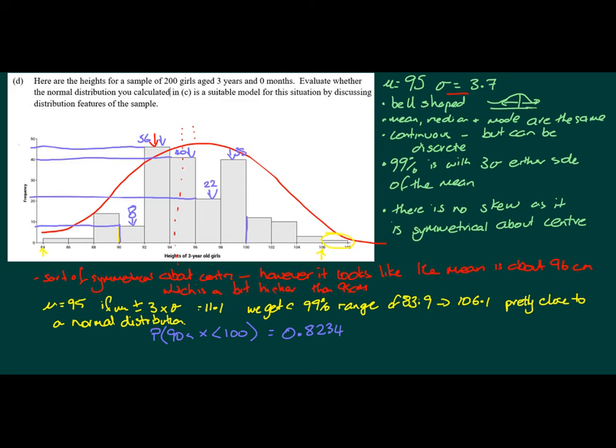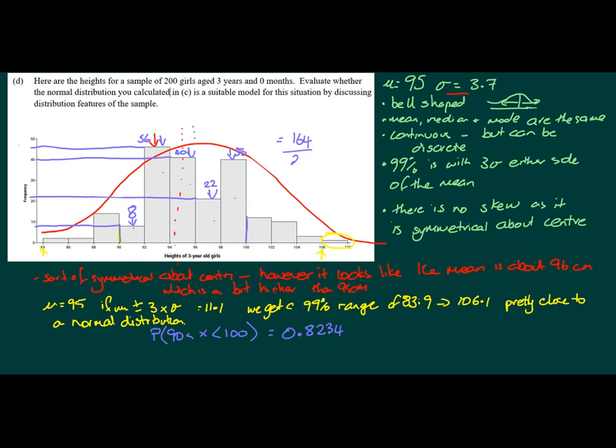So what I've done here is add onto the graph the heights of each of these columns. I figured that out to be about 8, that the 92 to 94 to be 56, 94 to 96 to be about 40, 96 to 98 about 22 if you look at the scale here, and this other one 38, and then I added them all up and they added up to 164.